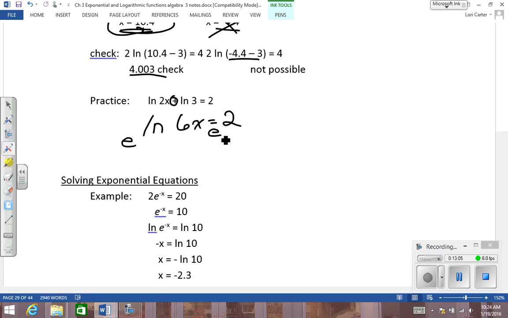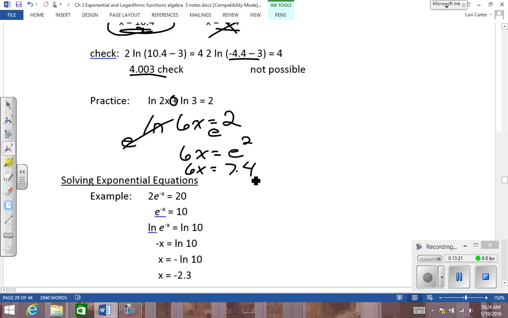So what do we get here? 6x equals e squared. Okay, what's e squared? 7.4. Divide it by 6 and what is it? 1.23.